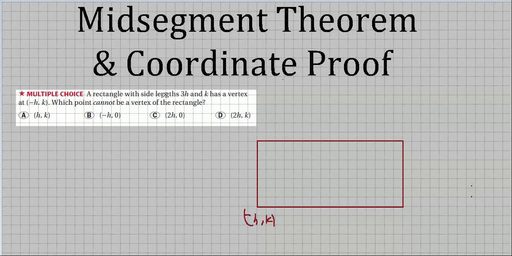Now it has a length 3h and k, so I guess we can try labeling it this way, see if that works. Which points cannot be a vertex of the rectangle? Well, let's see here. If this is minus h, k, this would be the point minus h, 0, wouldn't it?